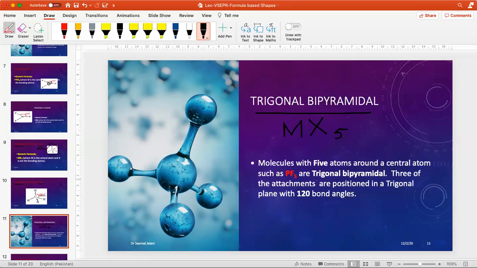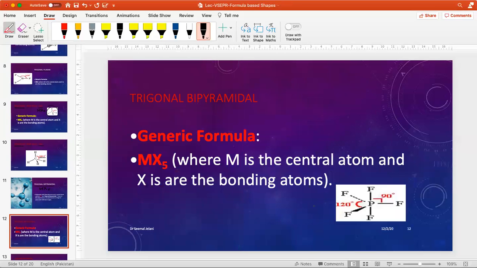So the shape is known as trigonal bipyramidal. 3 of the attachments are positioned in a trigonal plane with 120 bond angles. Now when there are 5 attachments, there are 2 types of bond angles. The generic formula is MX5, where M is the central atom and X are the bonding atoms.